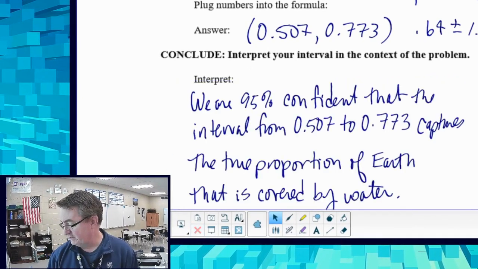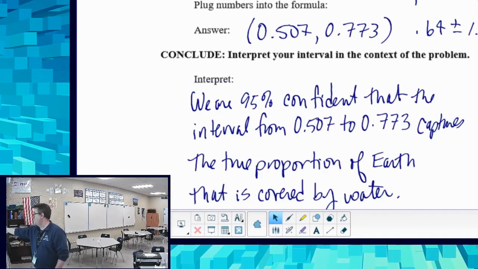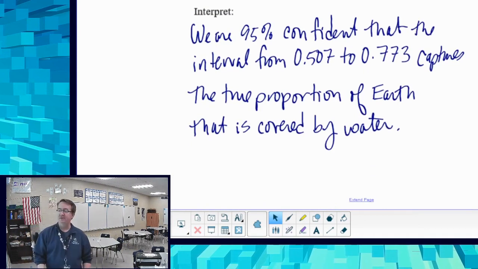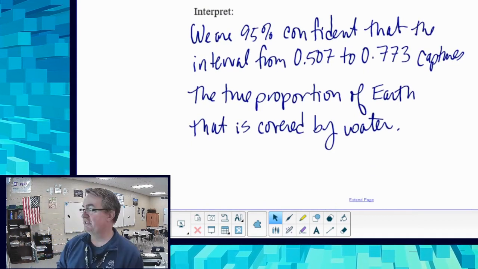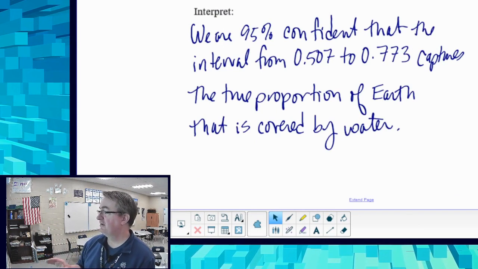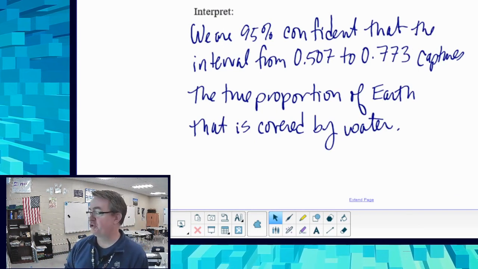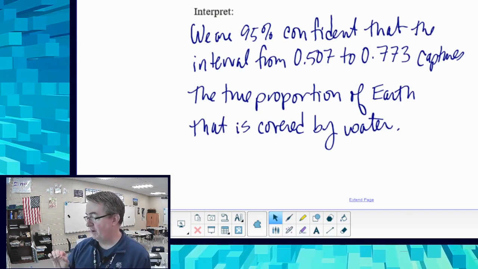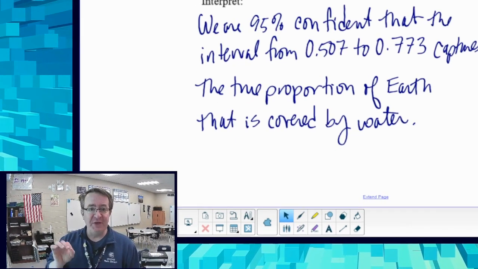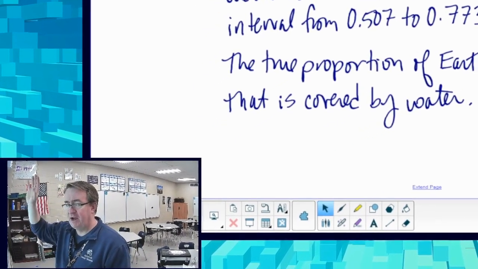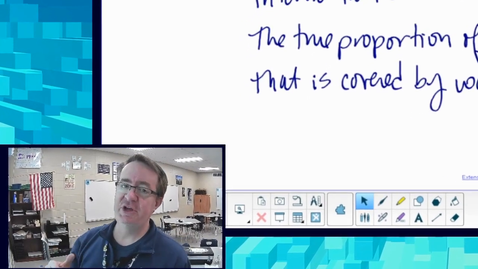But this is how you're going to say it. We are 95% confident that the interval from 0.507 to 0.773 captures the true proportion of Earth that is covered by water.